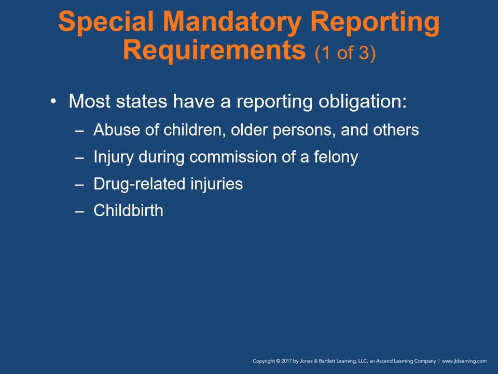Special mandatory reporting requirements. Most states have a reporting obligation for certain individuals, ranging from physicians to any person. The following special mandatory reporting requirements may vary from state to state. Abuse of children, older people, or at-risk adults. Injury during commission of a felony. Drug-related injuries. Childbirth.